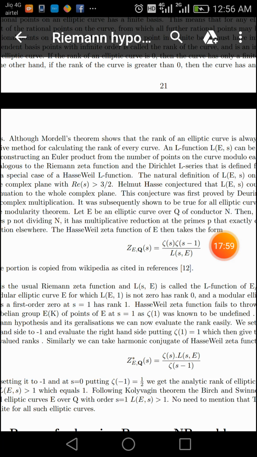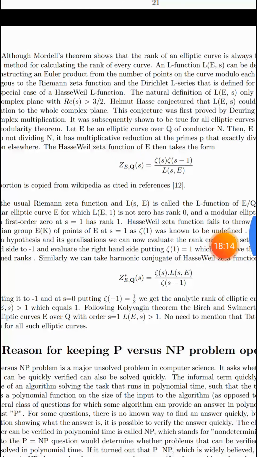if we take the zeta of S is equal to, yes, we need to do a little bit of change. Then in this form, if we plug S is equal to 0, then it will be minus half, and on the bottom it will be plus half.